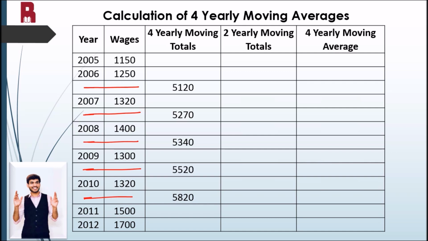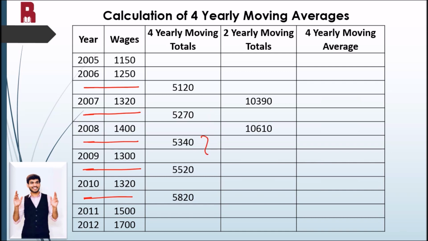Now moving further, for calculating 2 yearly moving totals, we will take 2 numbers at a time. So taking the first 2, that is 5120 plus 5270, the total comes to 10,390. Then the next 2 numbers, that is 5270 plus 5340, the total is 10,610.